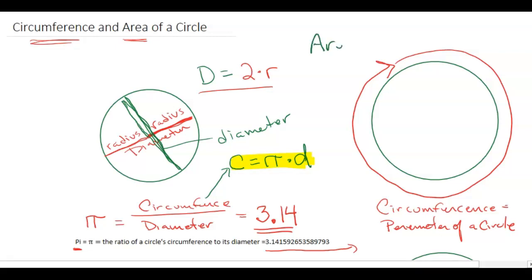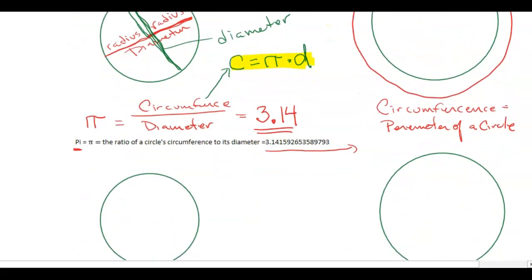The area of a circle is pi times the radius squared, which is the same as saying pi times the radius times the radius. So circumference, pi times the diameter; area, pi times the radius squared, or pi times the radius times the radius. So let's try a couple examples.